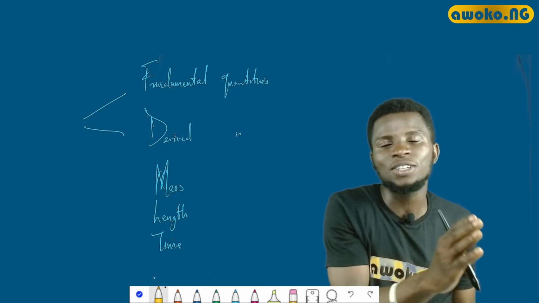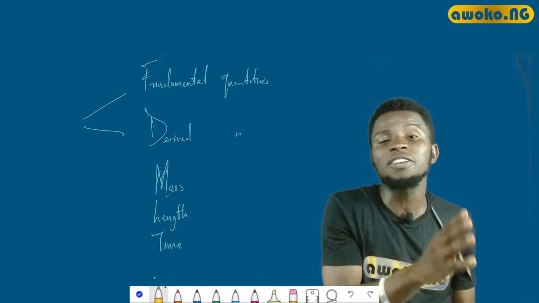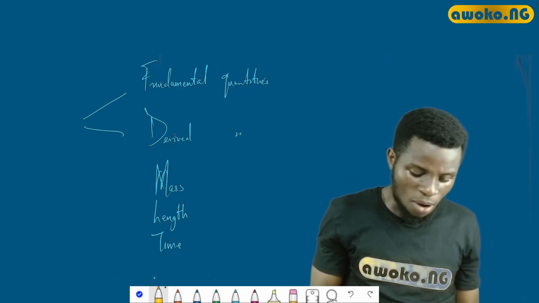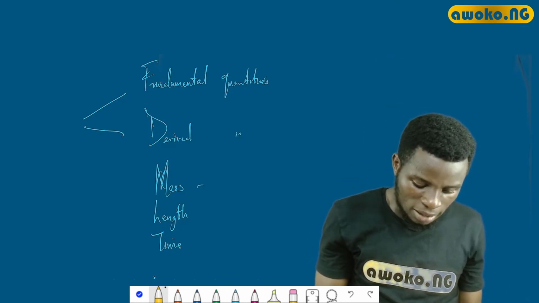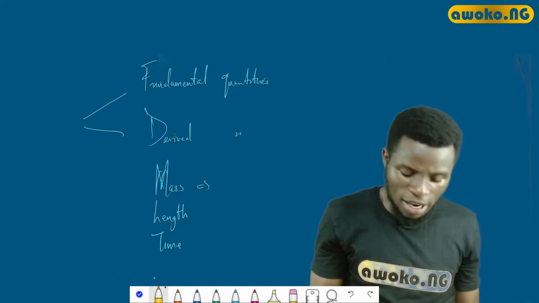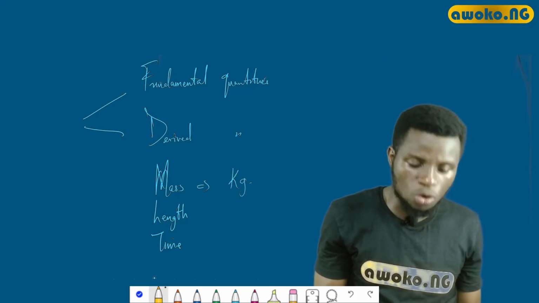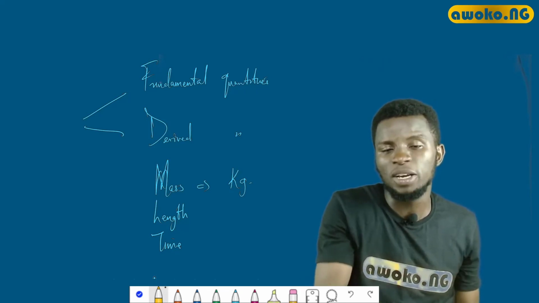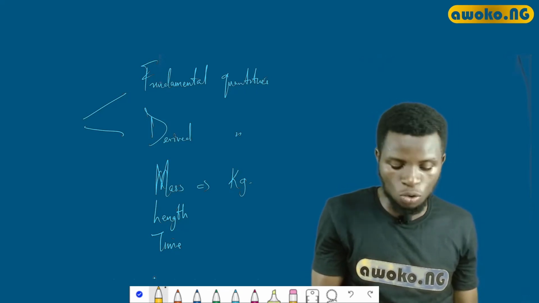So having differentiated what weight is and what mass is, I would like you to know that the mass of an object is measured in kilogram, though other units of measurement are equivalent to kilogram.